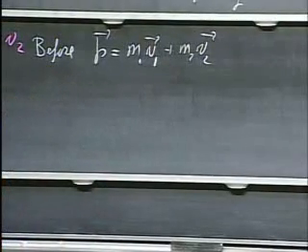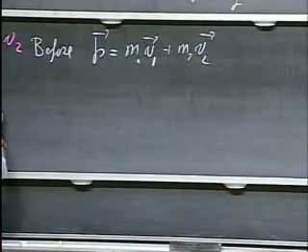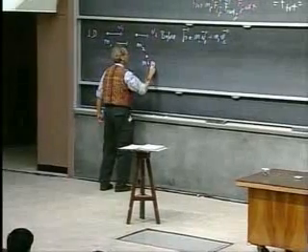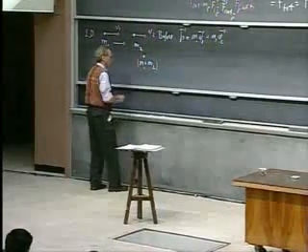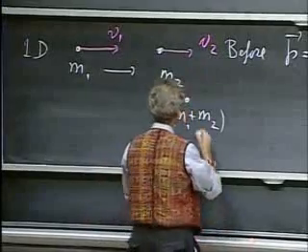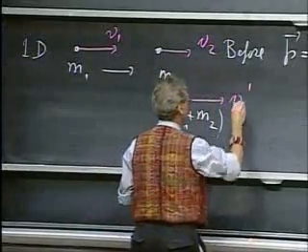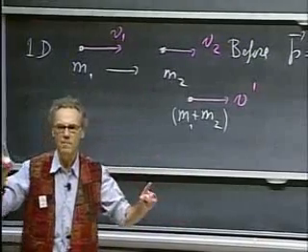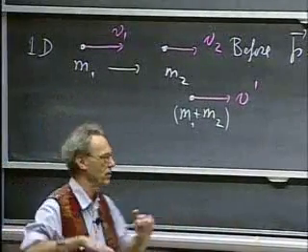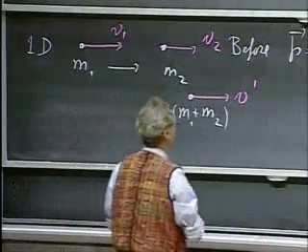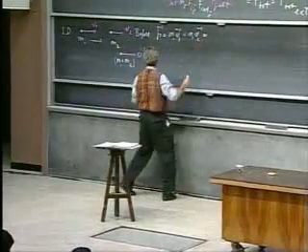That's the momentum before. Now they stick together. And so when they stick together, their total mass is m1 plus m2. And then their velocity happens to be v prime. We often give a prime to the situation after the collision occurs. And so now I can apply for the first time the conservation of momentum.